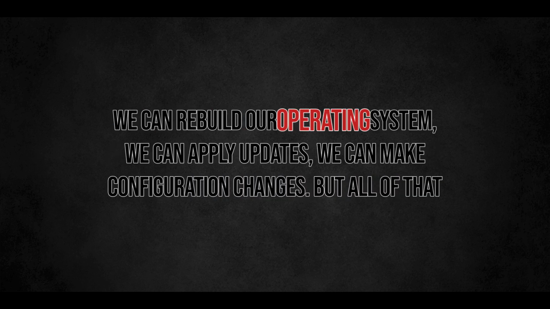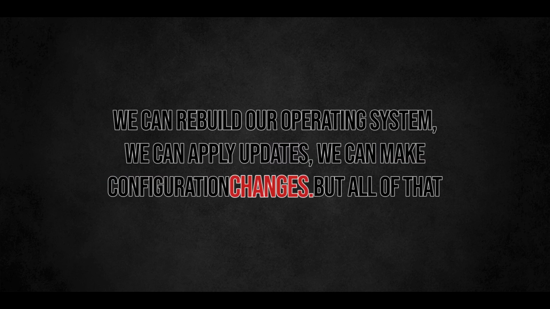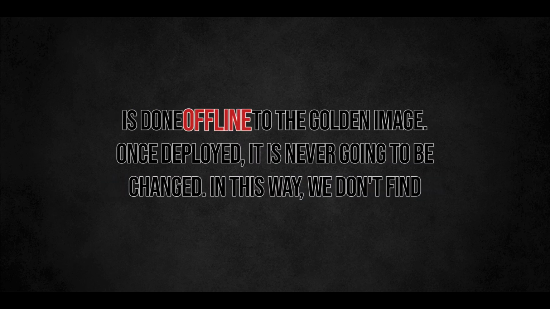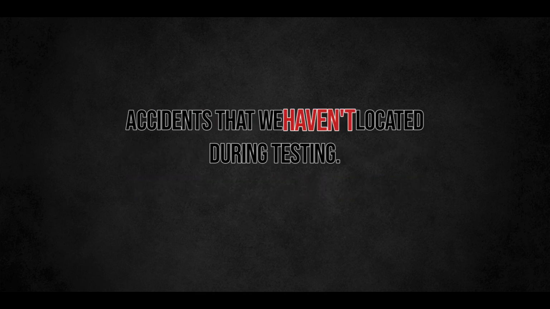We can rebuild our operating system, we can apply updates, we can make configuration changes, but all of that is done offline to the golden image. Once deployed, it is never going to be changed. In this way, we don't find accidents that we haven't located during testing.